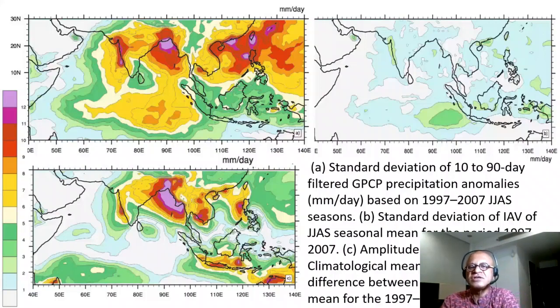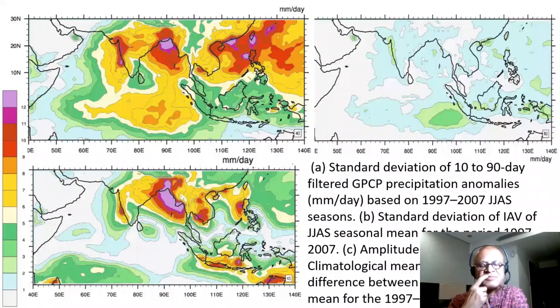So let's start with this nice figure here, which is showing the standard deviation of 10 to 90 day filtered GPCP precipitation anomalies. GPCP is the Global Precipitation Climatology Project. I mentioned CMAP before; that's the CPC Merged Analysis of Precipitation, which is Ping-Ping Xie's precipitation product.